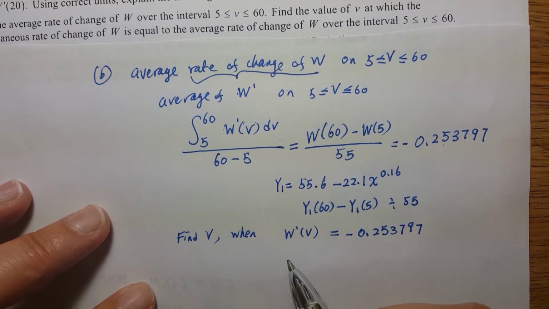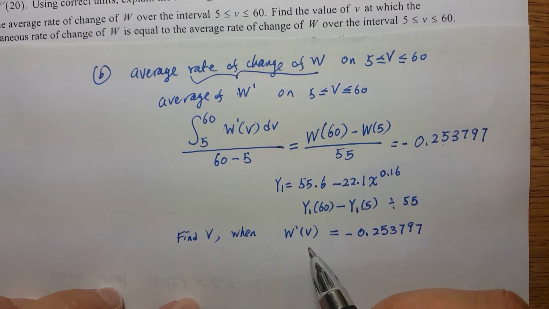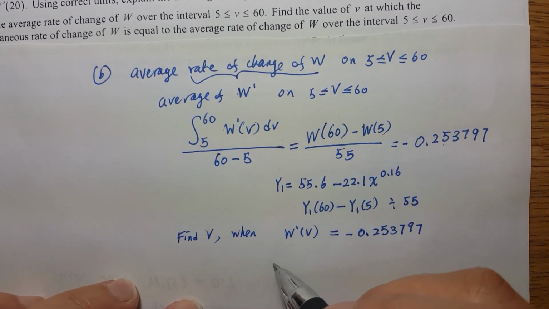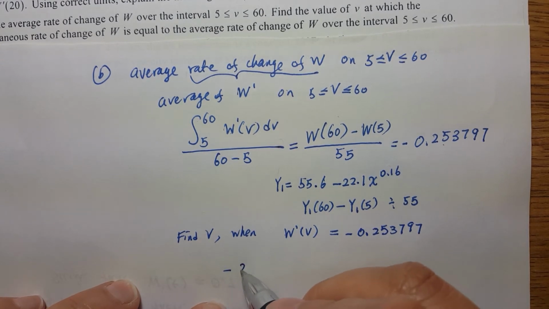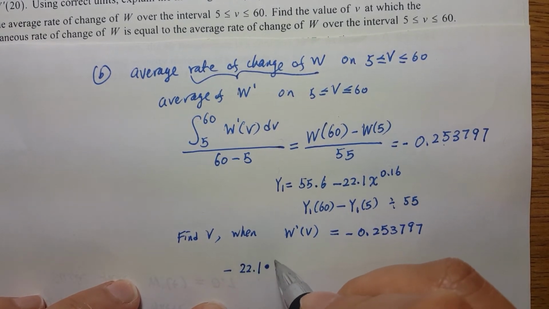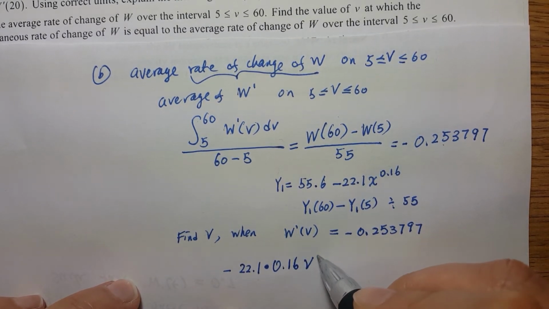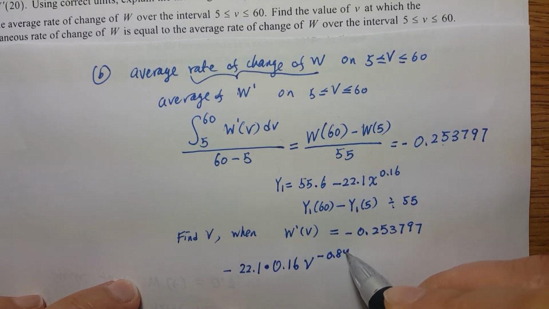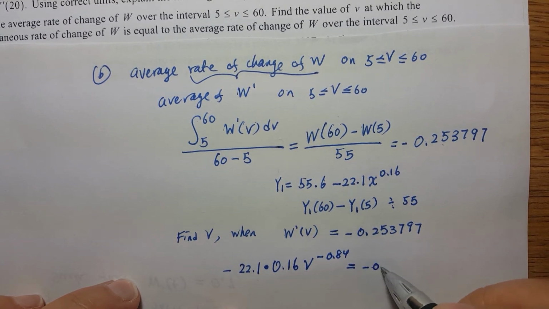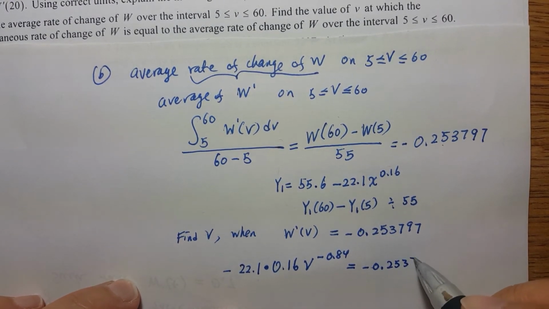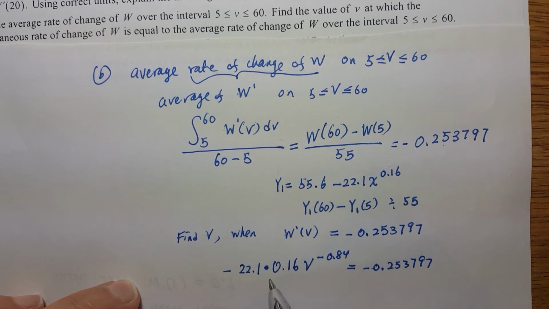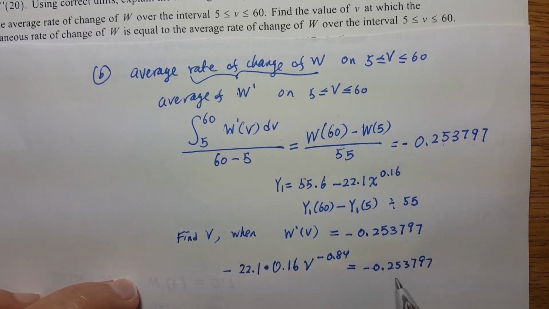You can copy down that equation. We found in part A, negative 22.1 times 0.16 times V to the negative 0.84 equals negative 0.253797. Then we can make this y1 and this y2 and find the point of intersection.